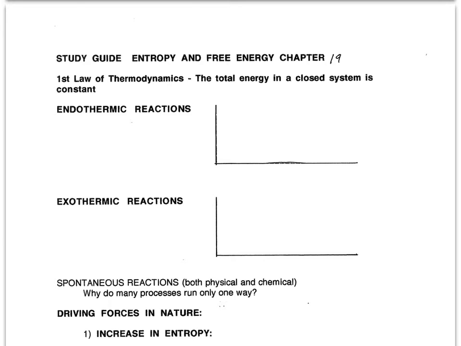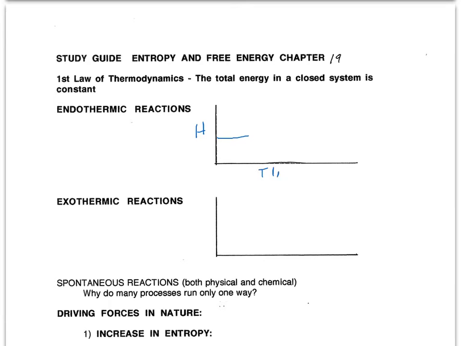thermodynamics. The first law of thermodynamics, as it says here, states that the total energy in a closed system is constant. Now, this is where we've talked about this already this year in endothermic and exothermic reactions. The first one here, as an endothermic reaction, we can start making an enthalpy diagram. I'll put my enthalpy here.